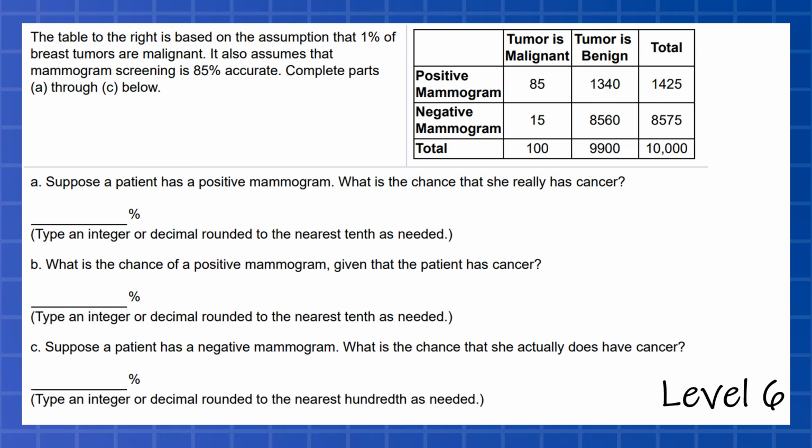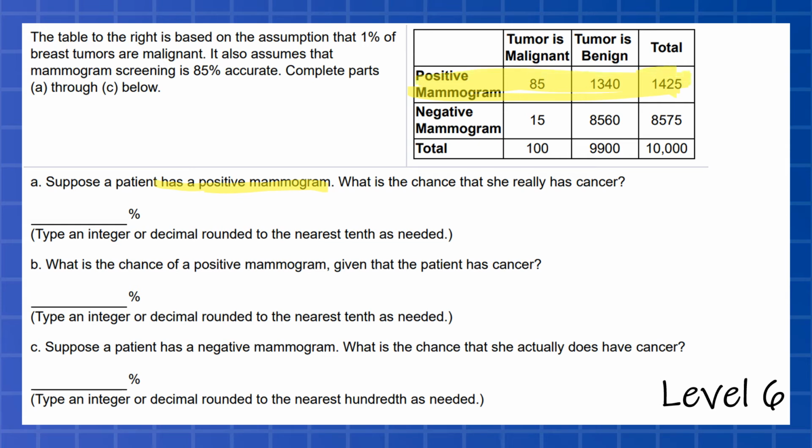So let's stick with this kind of negative topic of cancer and look at an example, connecting our counting tables with that idea of relative versus absolute, taking into context. The first question says, suppose a patient has a positive mammogram. If we look at our table, where are the positive mammograms going to show up? They're going to show up right in this row.